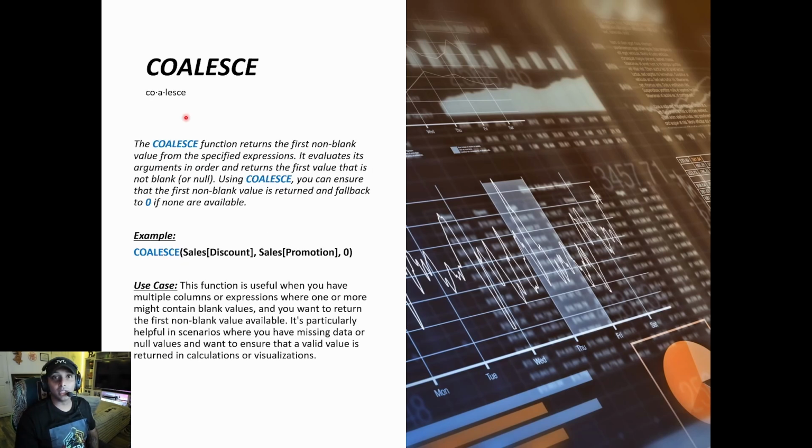COALESCE is amazing because instead of showing a blank value, as in the actual word blank, now you're looking at a zero. It's useful when you're looking at numbers like gains, losses, sales, deployability flags, anything to that extent, where you're looking at total aggregate numbers and you don't want to just see a blank value because something is not matched.